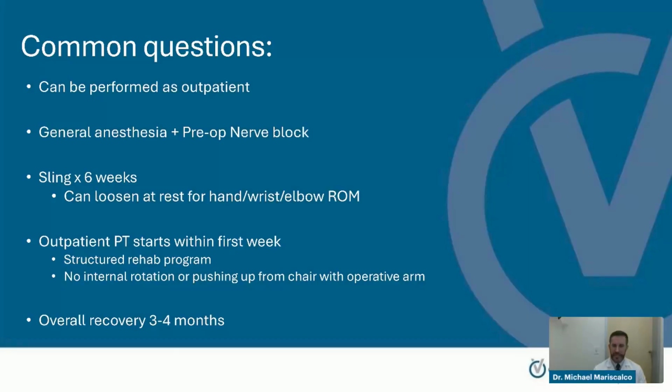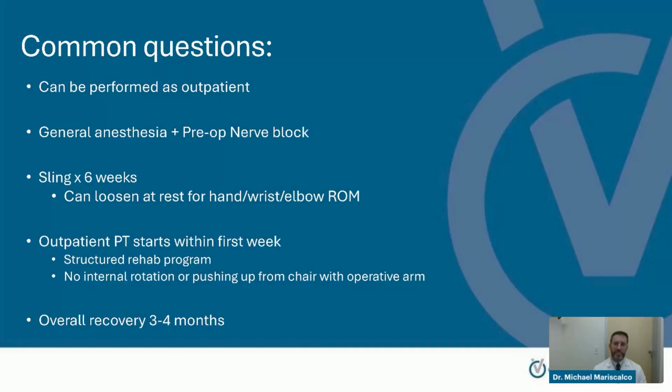Some of these nerve blocks can last for up to 48 to 72 hours, which can provide considerable pain relief and decrease opioid requirements. Usually it involves a sling for 6 weeks in anatomic replacement and hemiarthroplasty cases to allow the rotator cuff tendon to heal to the implant.